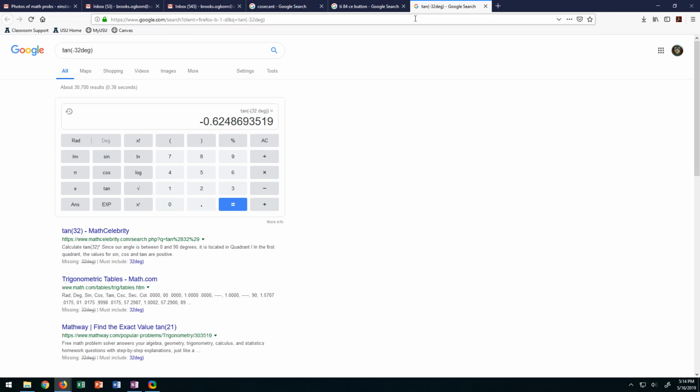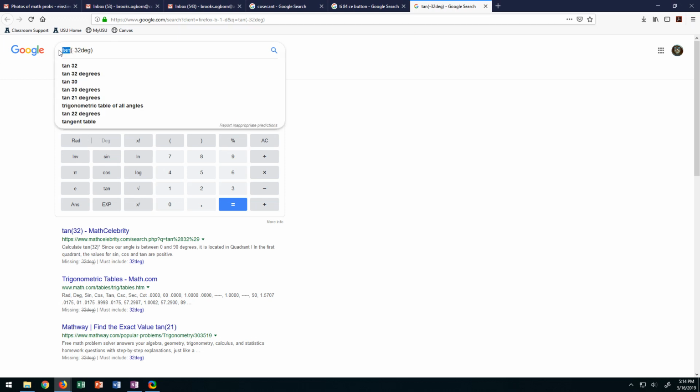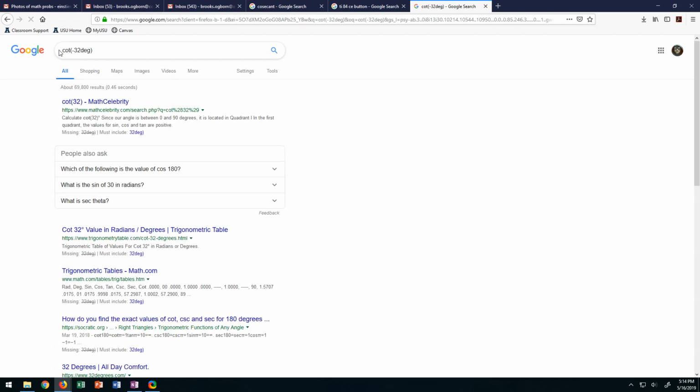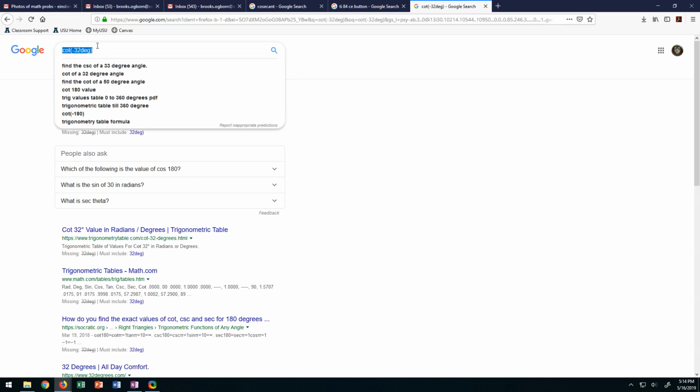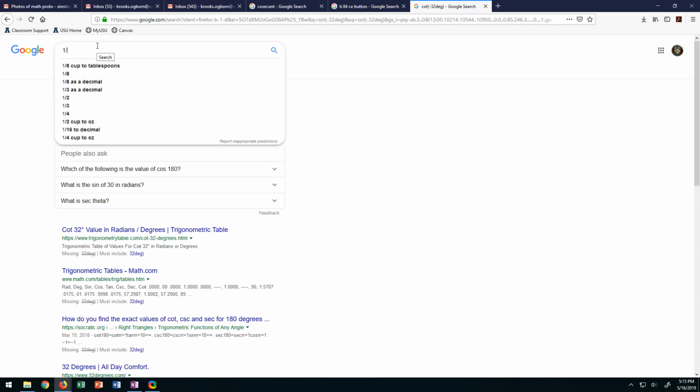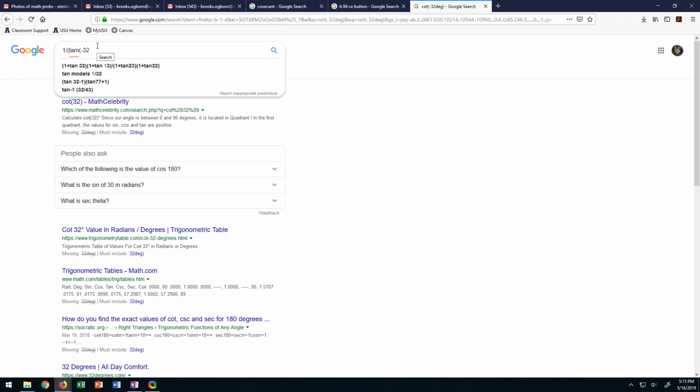Tangent of negative 32 degrees. Man, Google didn't get the same thing I did. Oh, that's because we're doing the cotangent, right? Yeah, the cotangent. Okay, you can't handle the cotangent, so what we're going to have to do is 1 divided by the tangent of negative 32 degrees.